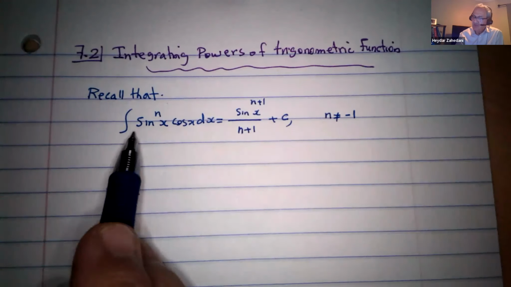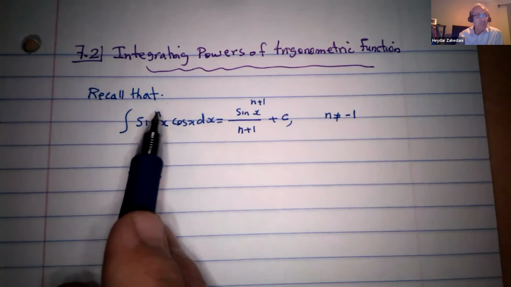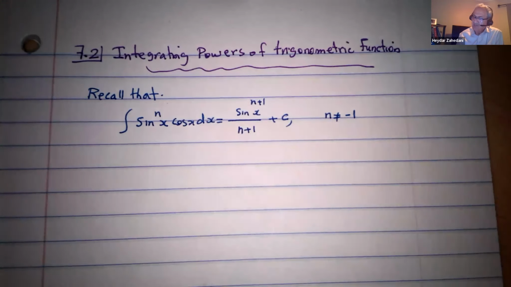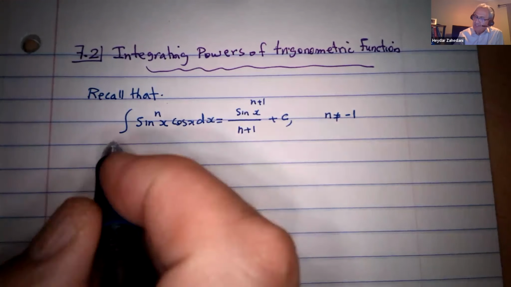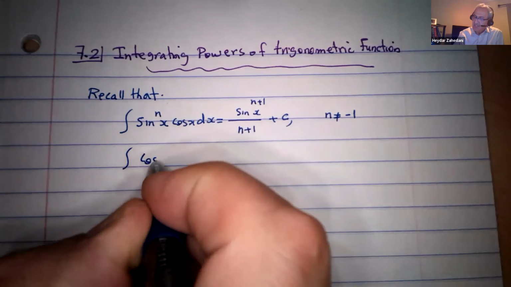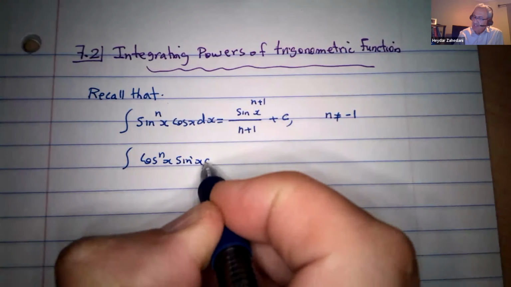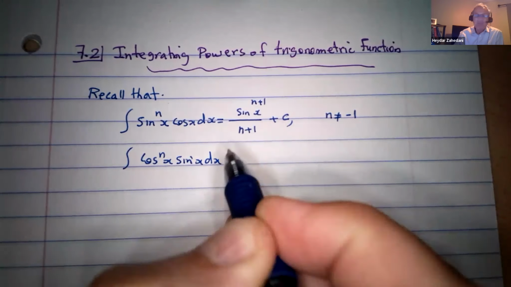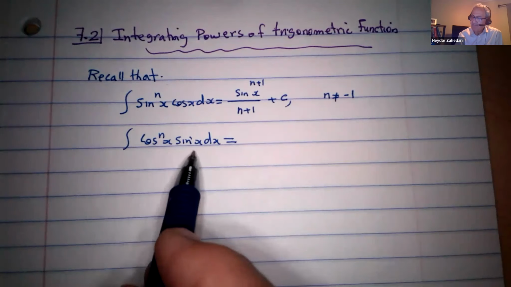Because you take u to be sine x, u prime would be cosine x, so it's u to the n, and that gives u to the n plus 1. So if there is a power of a sine, you need a cosine here. The other one is the cosine. If you have a power of a cosine, you need a sine here, because you take u to be cosine, so u prime would be negative sine.